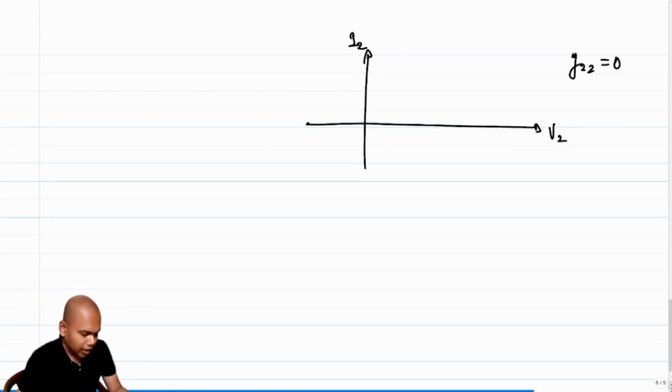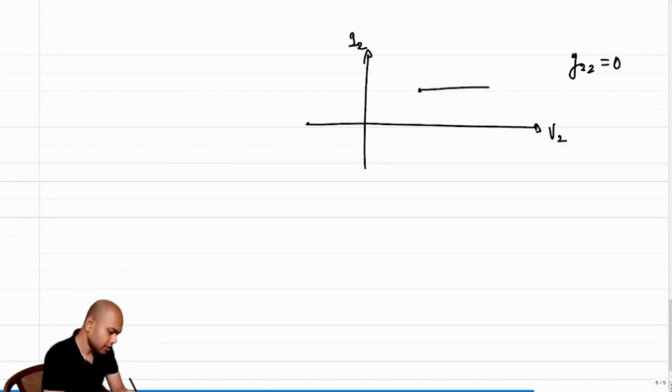And when we said Y22 equal to 0, all we are saying is that there is some region in this I2 V2 characteristics where I2 is constant with respect to V2, right? That's all we are saying. This is for a certain value of V1, let's say V1Q, right? So this is for V1 equal to V1Q.